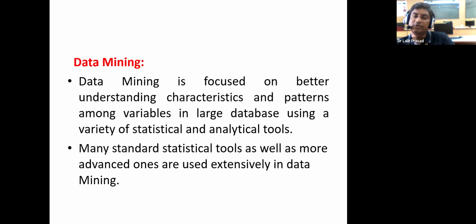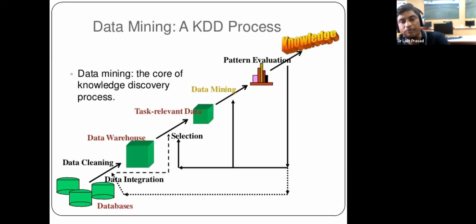Then data mining. It focuses on better understanding the patterns among variables in a large data set using a variety of statistical and analytical tools. That is known as data mining. So there is data and there will be cleaning of data. That is the data warehouse. From that, you have to take the data which is relevant to you. Relevant data you will select.